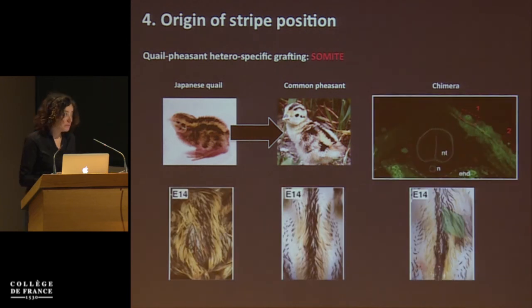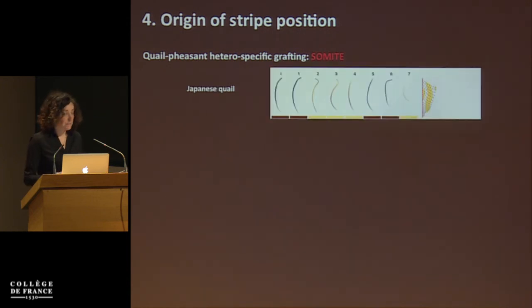What about color as a consequence? Here in the chimera 11 days after, you can see the extent of the graft. In the area that was grafted, we could see that there was a different color on the patch of feathers. We analyzed this, like I showed you before, by looking at these lines of feather rows along the dorsomedial axis.